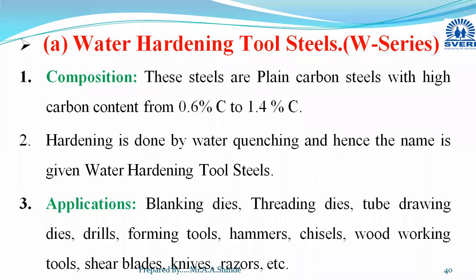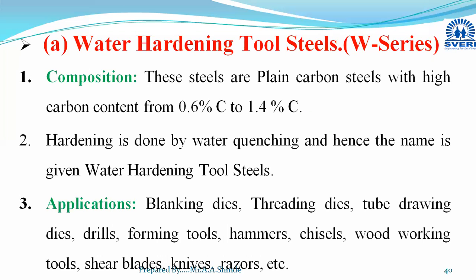And to eliminate these drawbacks present in water hardening tool steels, we are going to add other alloying elements like tungsten, molybdenum, chromium, so that the hardness will get improved. This is the remedy.